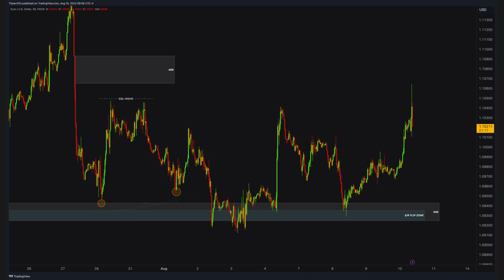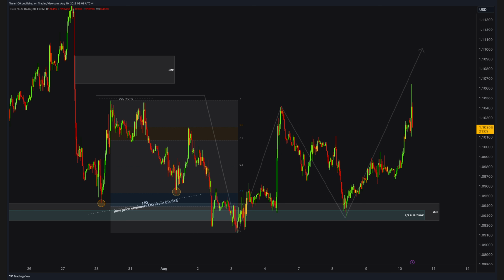Then notice this lovely trendline liquidity. Or maybe you can call it relative equal lows. Again, ironically, this happens right above a giant imbalance. What a coincidence. The moment I solve all of this, I notice a reverse optimal trade entry setup.